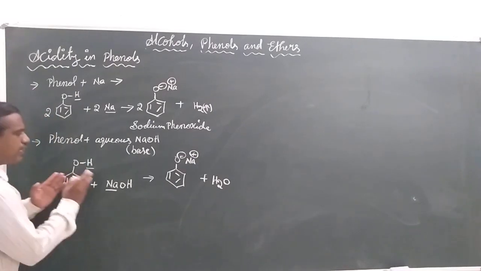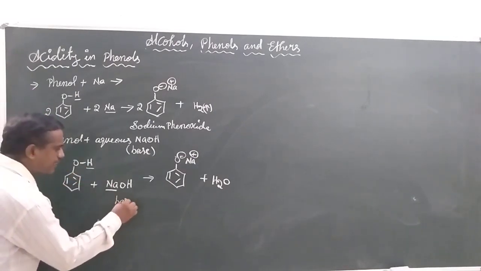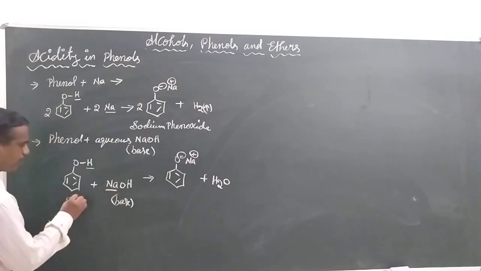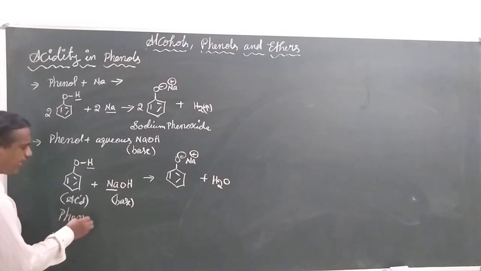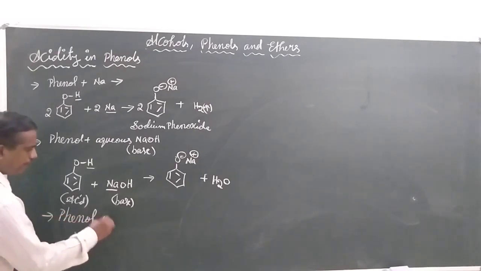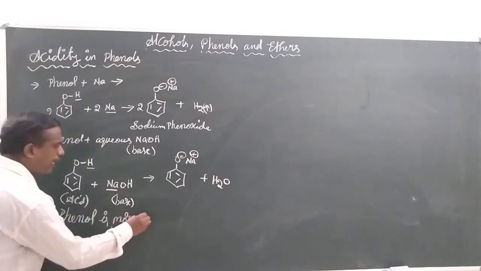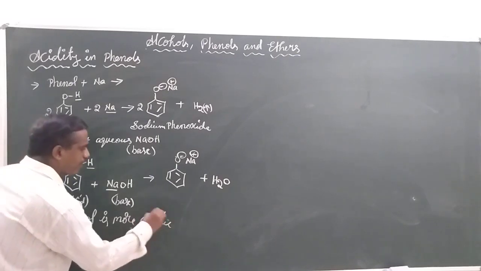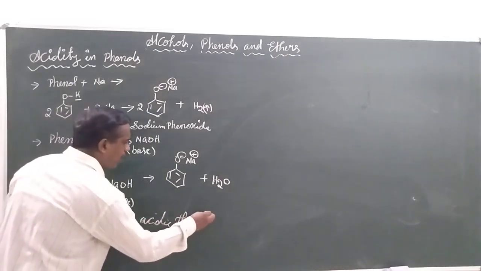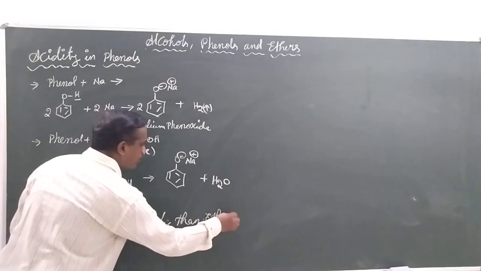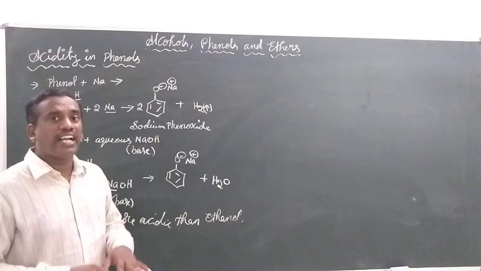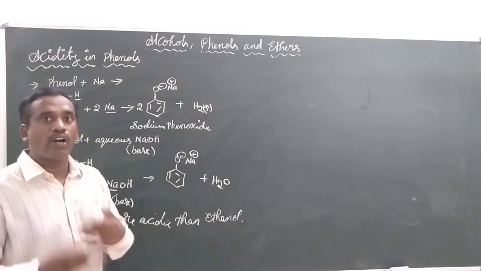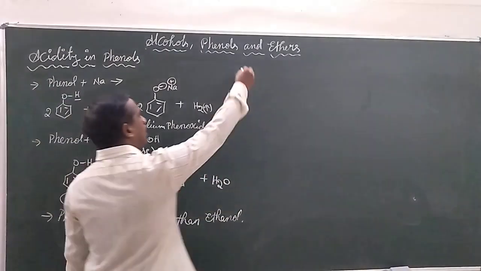So we say this is a base, whereas this is an acid. Hence phenol is more acidic than ethanol. But this is not enough, we want to give you clear data.